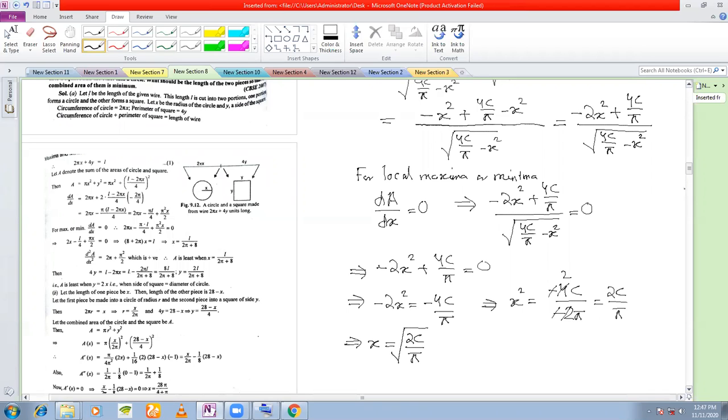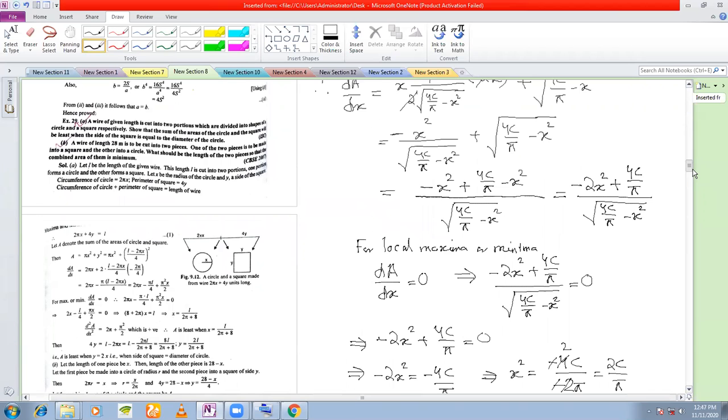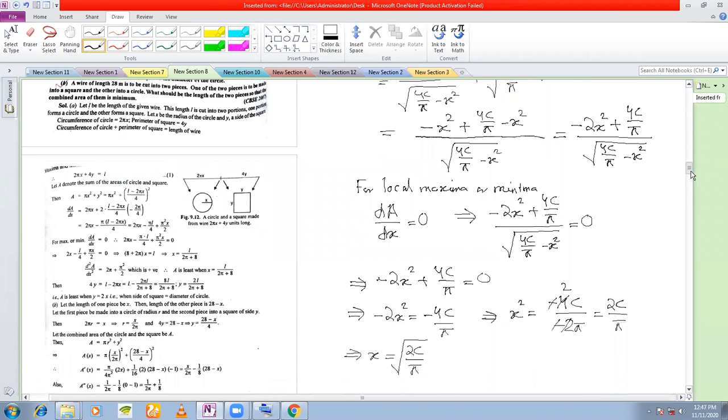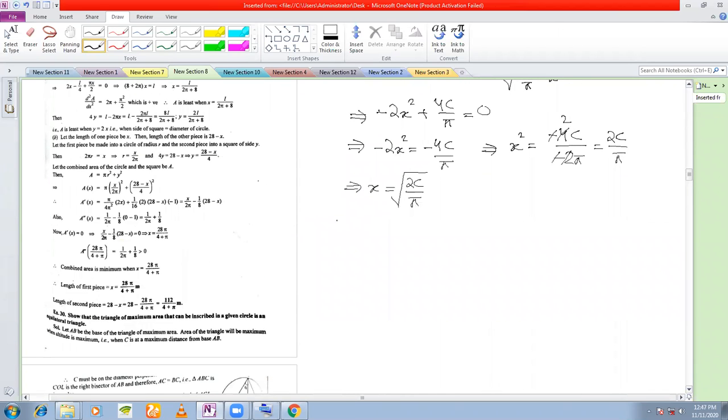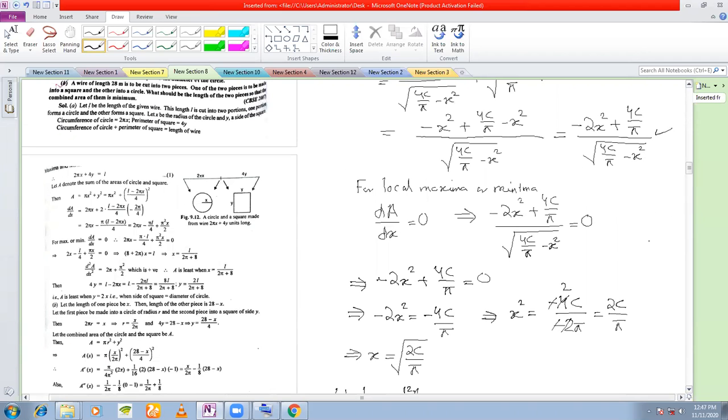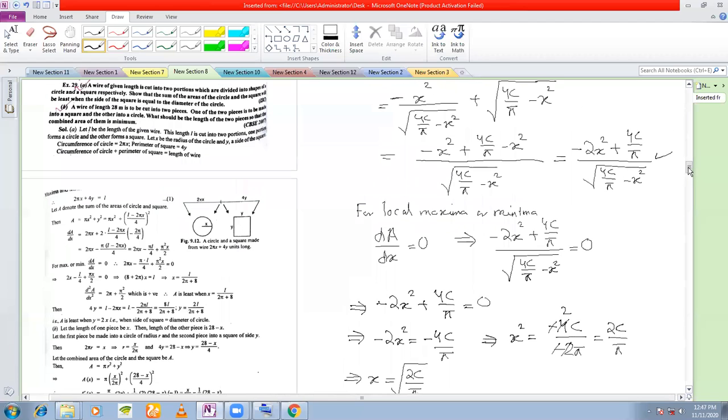Now our next task is to find out the second derivative. So now we have d2A/dx2 equal to, you differentiate this once again. So what do you get? You differentiate this by the u by v rule.